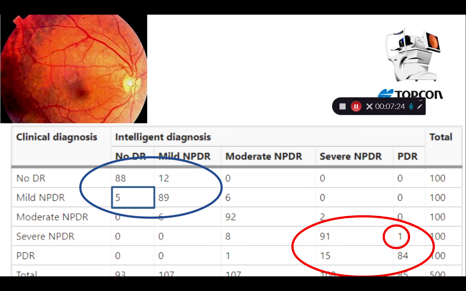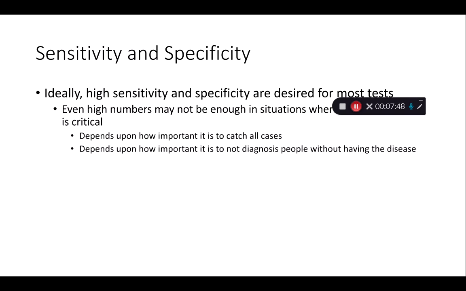In this case, it's critical to detect everybody with proliferative diabetic retinopathy. So even though this has high sensitivity and high specificity, it's still not good enough yet to be used to diagnose proliferative diabetic retinopathy. These people are going to go blind very quickly, in a matter of days to weeks, and we can't allow this little screening device to miss them. And in a doctor's practice, they wouldn't be missed for a whole host of reasons.